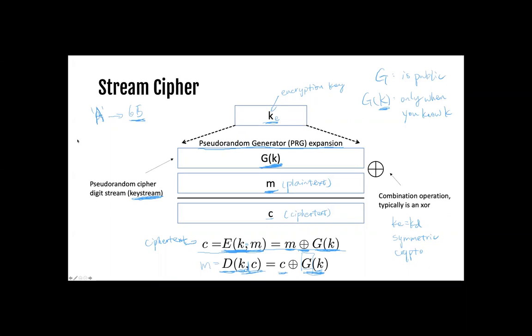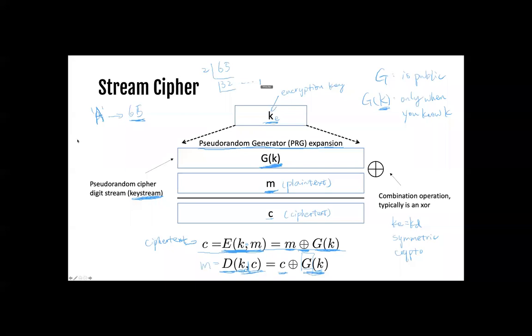So capital A is 65. Then we want to convert 65 to bits. You can do that by dividing 65 by 2, so it's 32, with remainder 1.